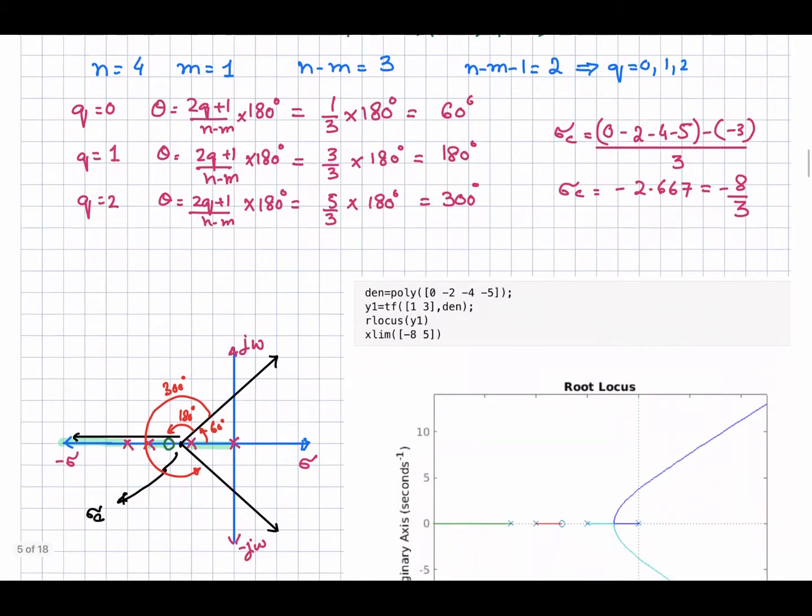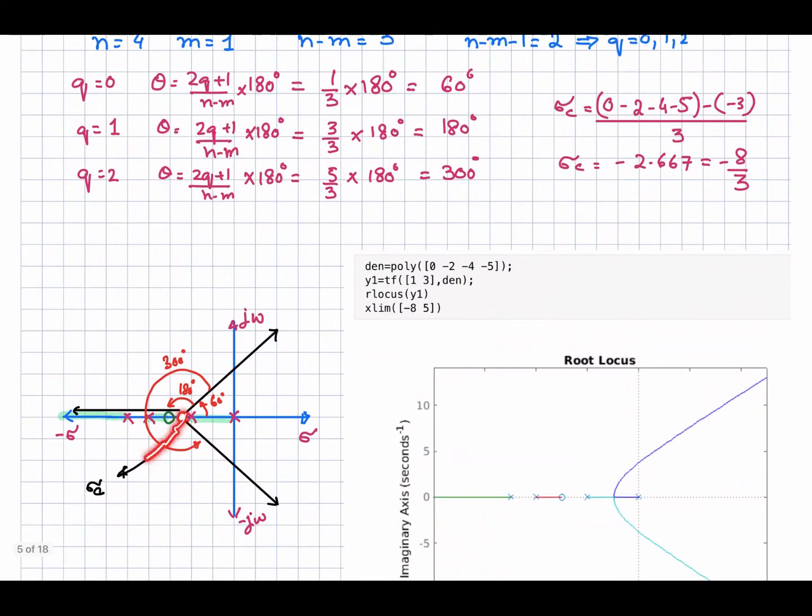So you can see over here, this is basically the centroid, and this asymptote will be at the angle 60 degrees, the other asymptote will be at the angle 180 degrees coming from here, and this asymptote over here is at the angle of 300 degrees coming from this equation. So these are the asymptotes along which our poles will be moving.